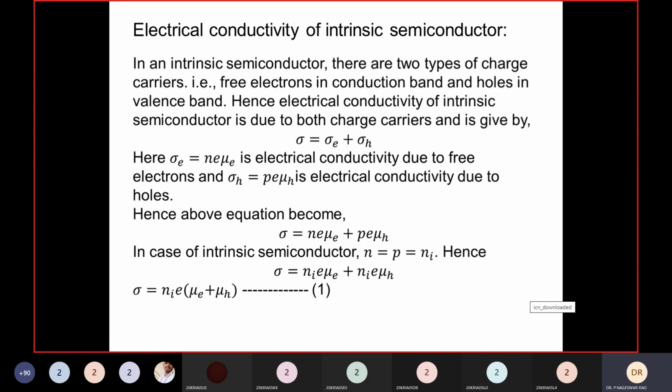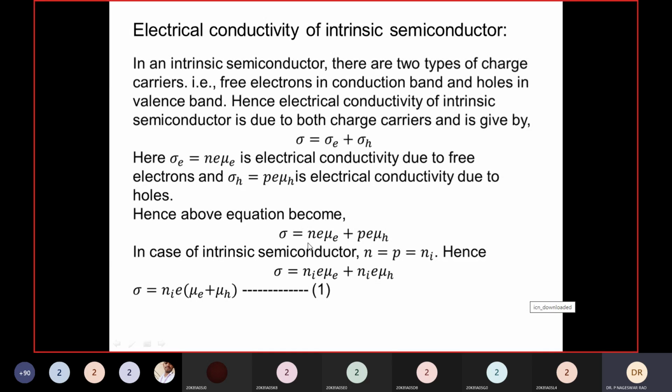Different materials have different mobility values; for silicon it is different, for germanium it will be different. Mobility also depends on temperature.